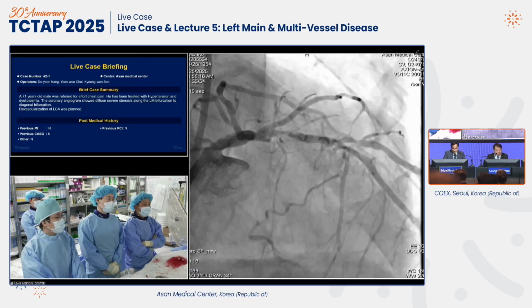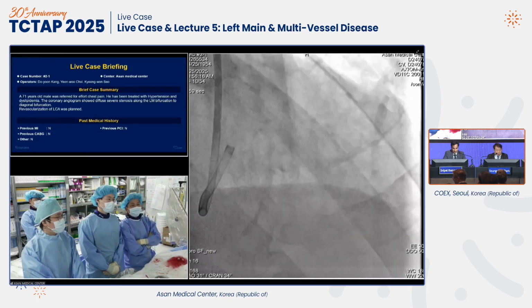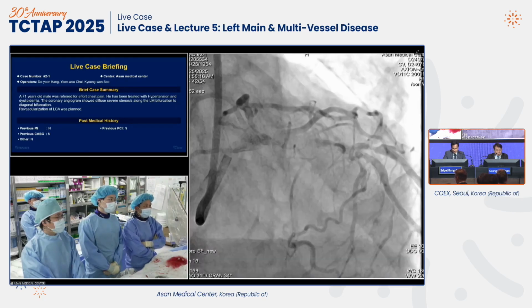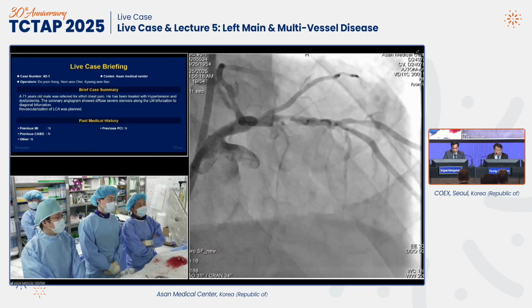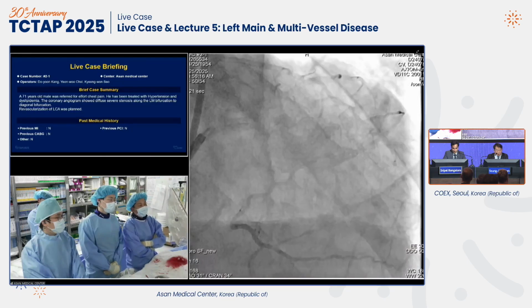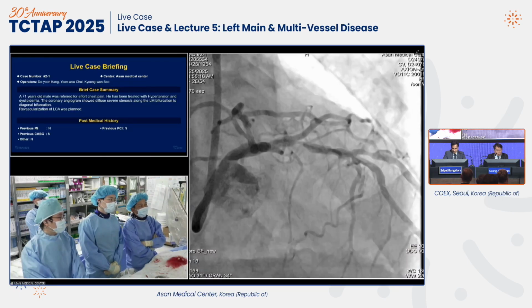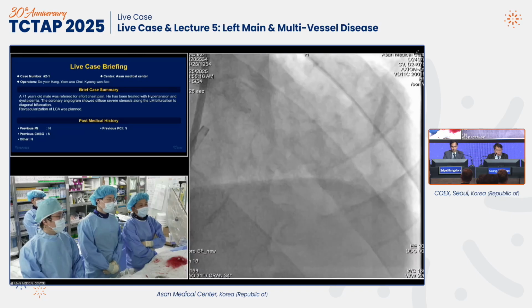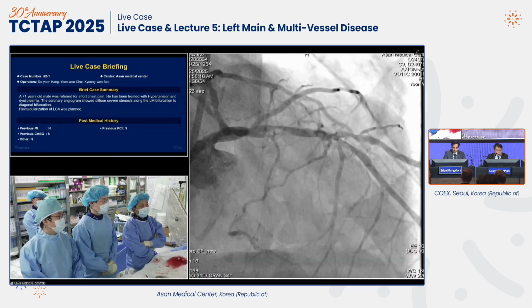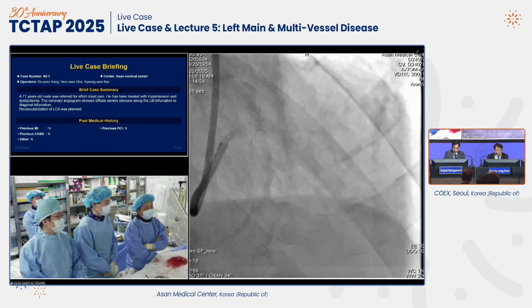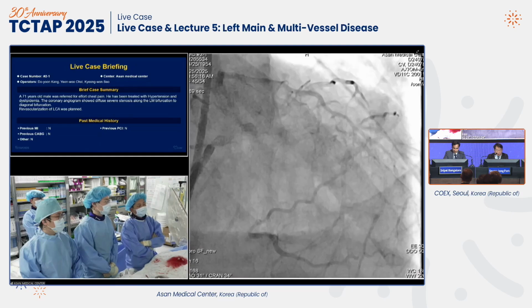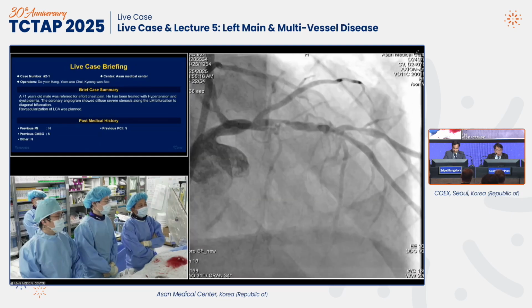Because the patient was randomized to the FAME main study and angiographic-guided PCI was selected, I would treat the left main with angiographic guidance. With angiographic guidance, it looks like more than 50% stenosis, so I would treat the left main.